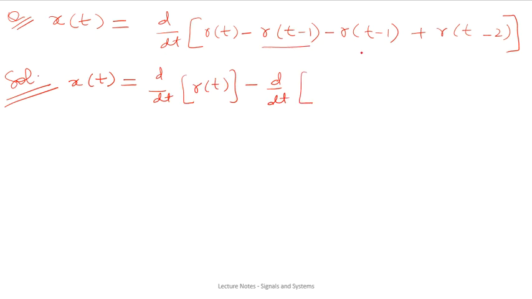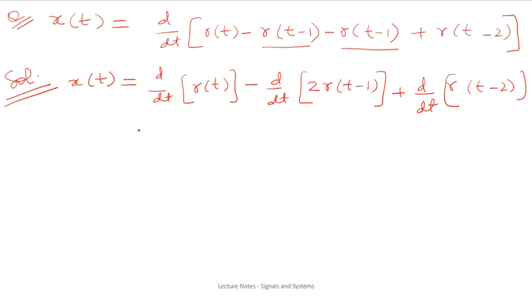So −r(t−1) and −r(t−1) can be combined together to write −2r(t−1), and this will be d by dt of r(t−2). So what you will get here is u(t) − 2u(t−1) + u(t−2).